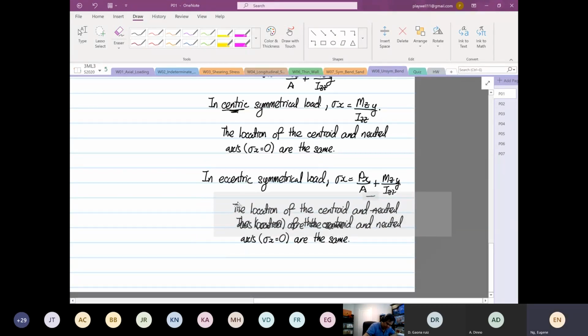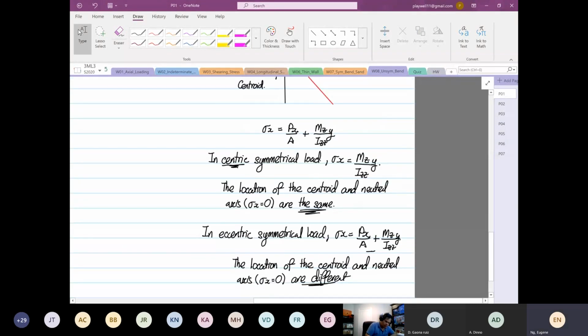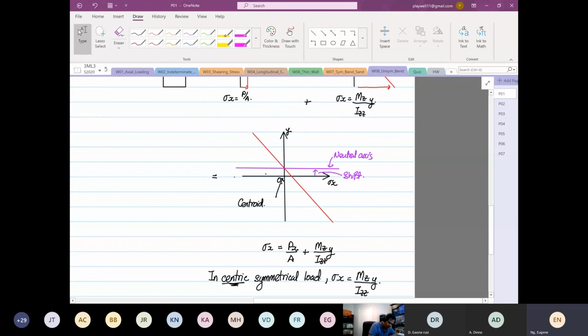The location of the centroid and the neutral axis are different. This is where I'm going to highlight. This is where you see the shift. You see the shift. Any questions so far?